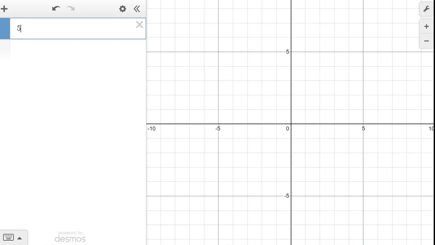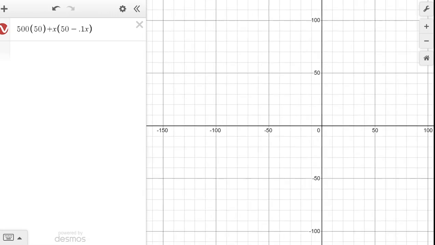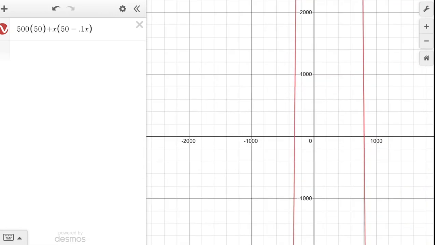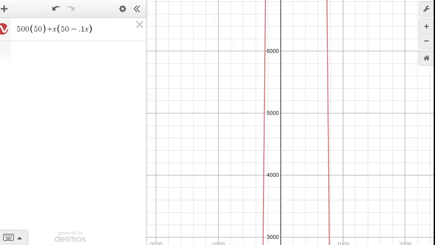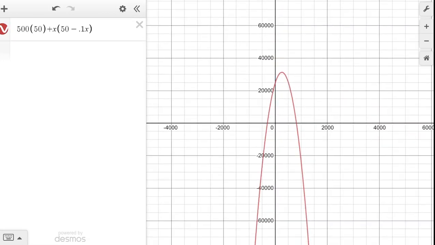If we say 500 times 50 plus x times 50 minus 0.1x, we're going to have a graph here. I have to zoom out a lot on it. It's going to be pretty big numbers. So we have this parabola, right? We're talking very large amounts of money.